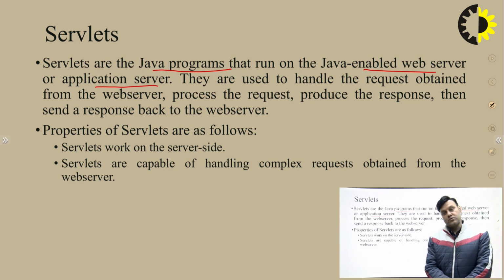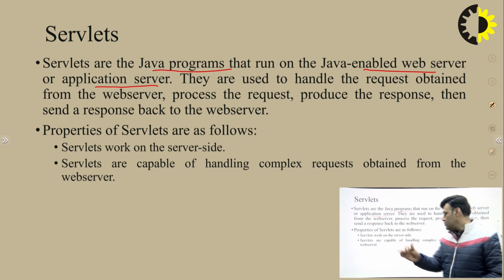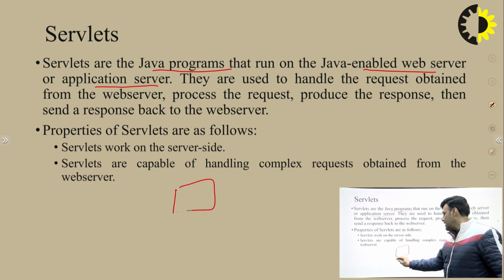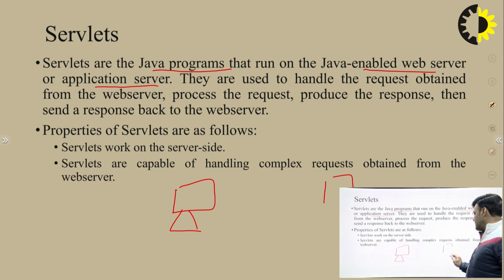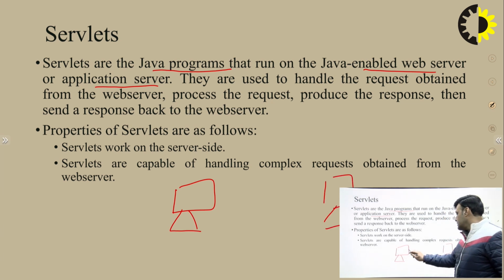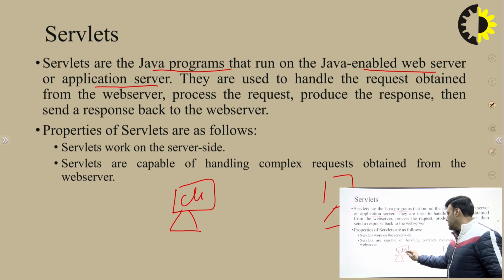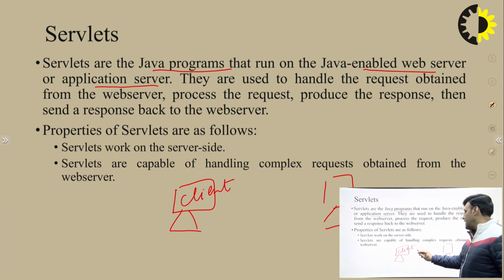So what is the purpose of this Java enabled application server? Because what happens when a client sends some request to a server? We all know that a client server architecture is there. You have studied this several times. There is a client, there is one server. So this is a client machine, and this client will send a request to the server, right?